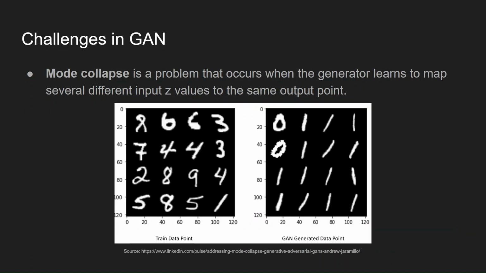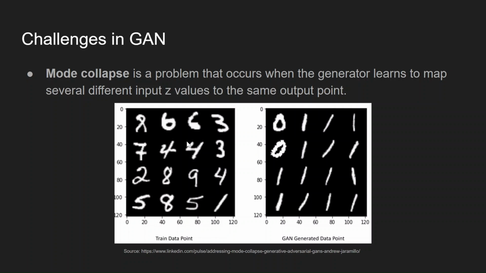The second challenge in GAN is mode collapse. Mode collapse is a problem that occurs when the generator learns to map several different input Z values, or random noise, to the same output point. On the left side of this image, as you can see, we have our training data distribution.